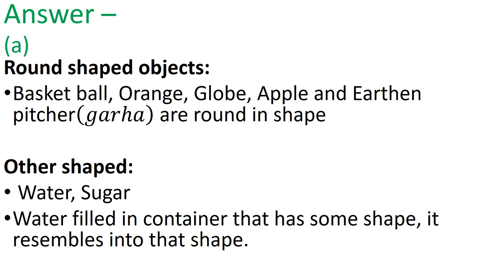Basketball, orange, globe, apple, and earthen pot or earthen pitcher. Basically, the ghada are round in shape. Some of you may think orange and apple are not completely round, but dear students, their shape resembles the circular or the spherical shape.